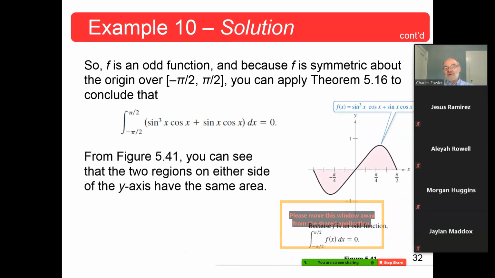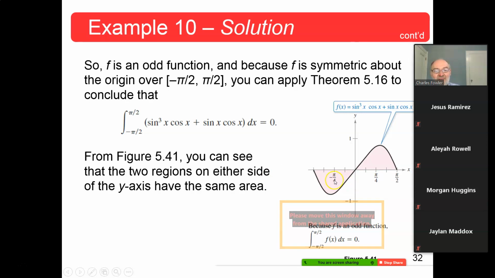So from the figure here, you can see the two regions, and now I can almost hear you say, doesn't that look a lot like a sine curve? It kind of looks like a sine curve, though it's not. Sine curves would go from negative pi to positive pi, a period of 2 pi.